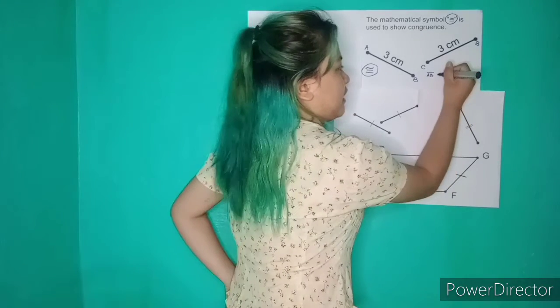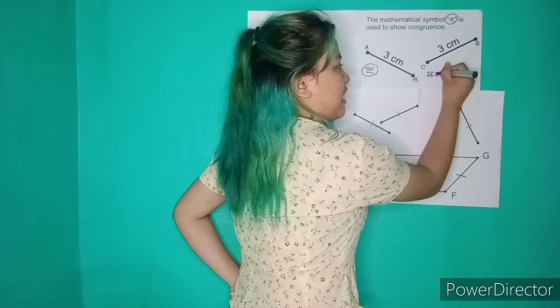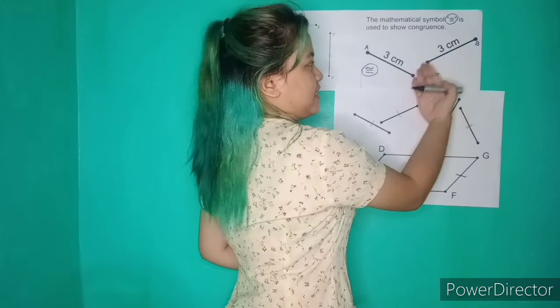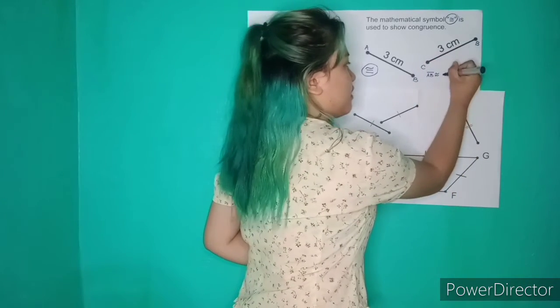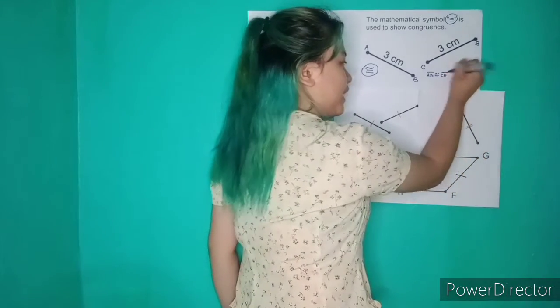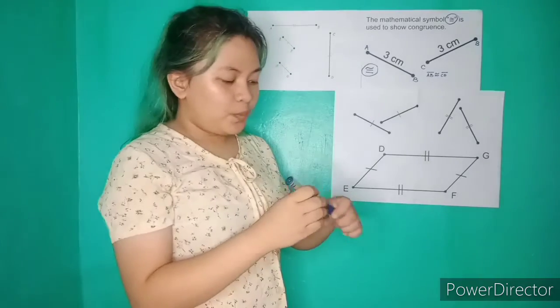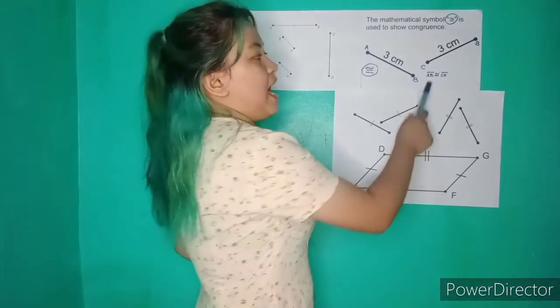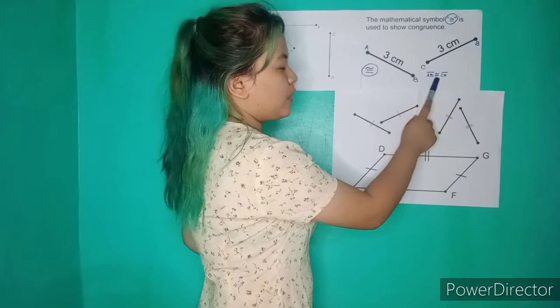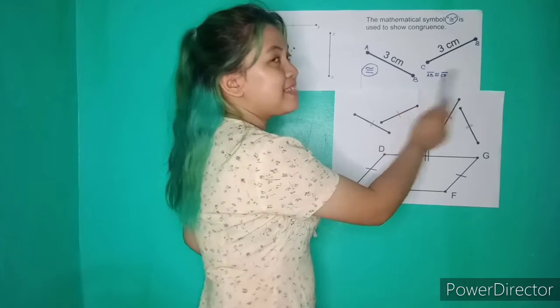I'm going to write it like that. Next, we're gonna write line segment CB. We read it as line segment AB is congruent to line segment CB.